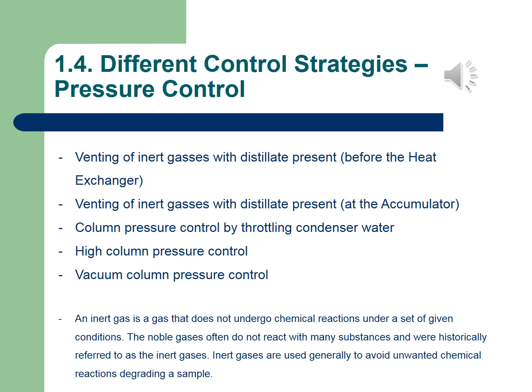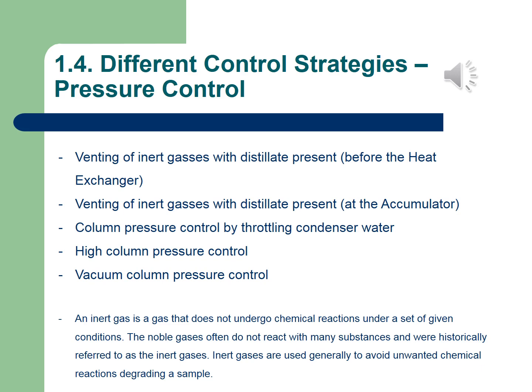Okay. Now inert gases. So with the first two, we're going to look if there's inert gases. What is an inert gas? It is a gas that does not undergo chemical reactions under a set or given condition. So it means that it will actually be part as a vapor inside this distillation column, but this is a gas that actually we want to get rid of, and it's not going to form that easily a distillate eventually.